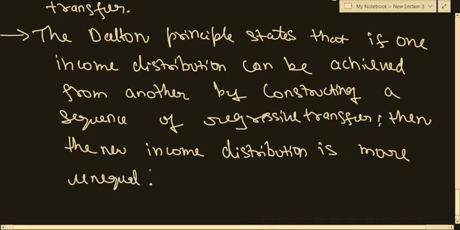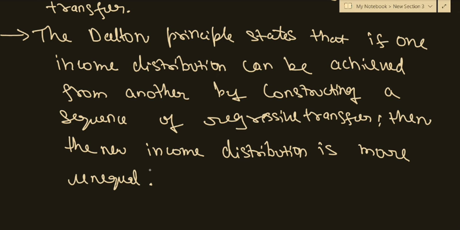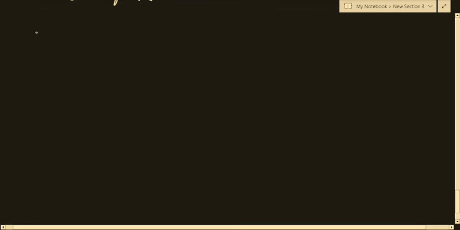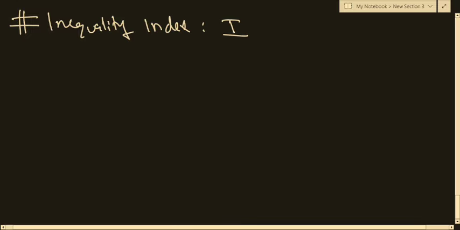Okay, so this completes our criteria for inequality measurement, but there are some important things left in this topic. We have to mention the mathematical interpretation as well, that is given in our reading. So let's quickly see it. First we have an inequality index represented by capital I, which is denoted by I of y1, y2 until yn, a function of incomes.